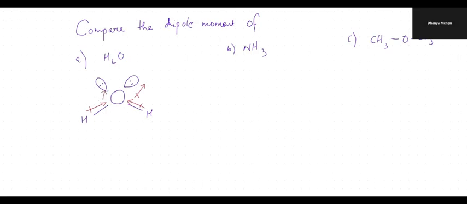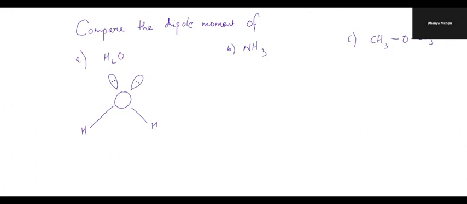Okay, so I'll draw it a little bit bigger. So I have oxygen, hydrogen, hydrogen. There is lone pair. There is lone pair. Okay.